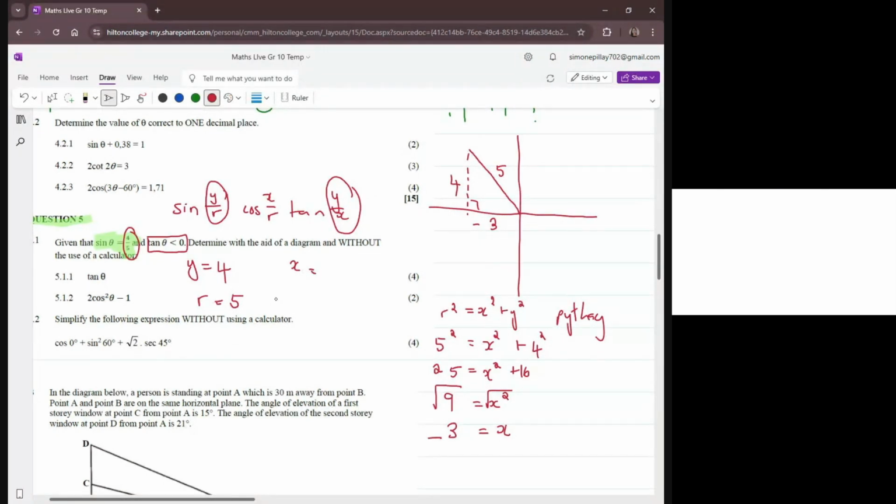What is my x value going to be? Negative 3.